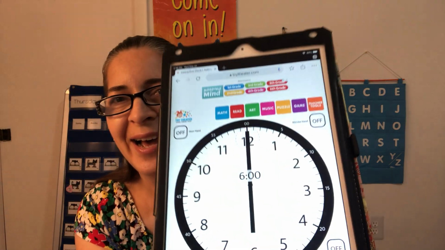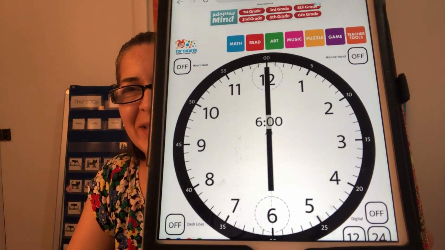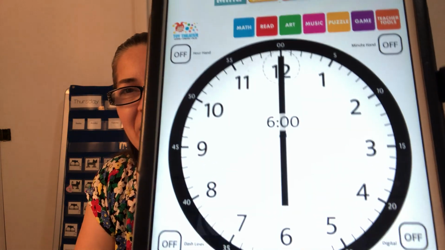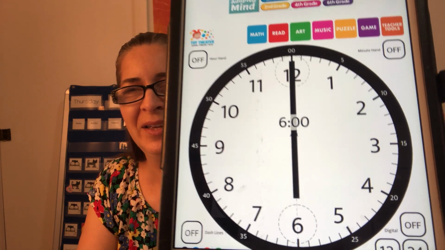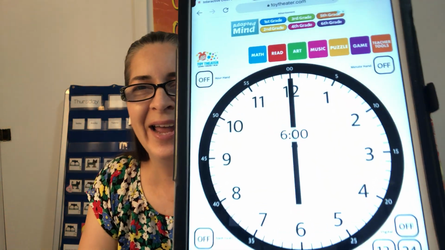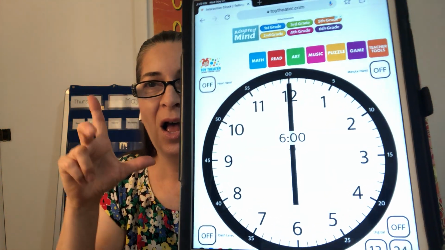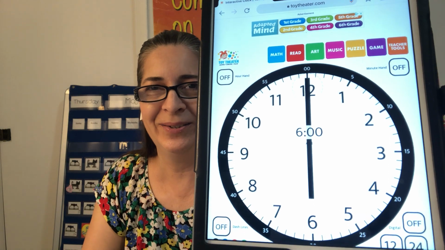Next, while Ms. Brown is having her tea, let's take a look at our interactive clock online. Remember that the hour hand is the short hand and the minute hand is the long hand, okay?